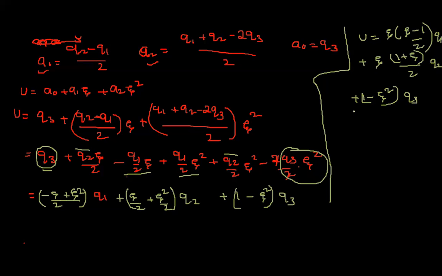So this would be the assumed interpolation function. Now I would like to take another fresh space to define the shape function. The assumed interpolation function can be rewritten in terms of the known parameter or the nodal parameter.